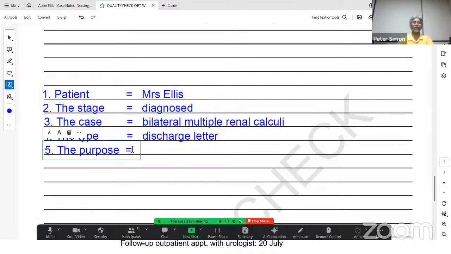The purpose of the letter. What is the purpose of the letter? The purpose of the letter is ongoing care and appropriate management. You can see here.